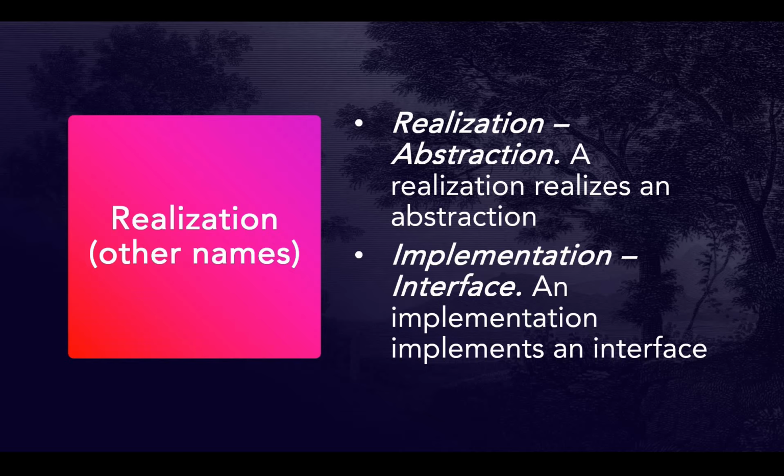Given a realization class and an abstraction class, you say a realization realizes an abstraction. So if this class right here is your realization and this class is your abstraction, then you say that R realizes this abstraction.